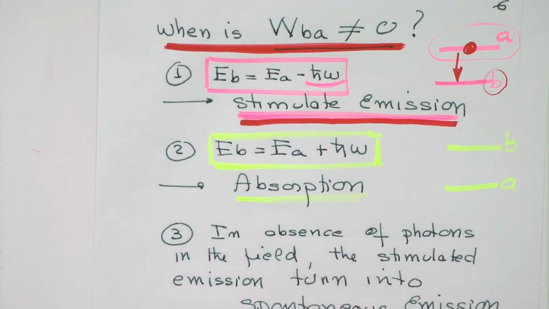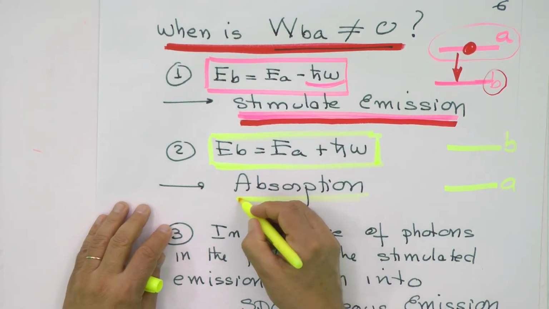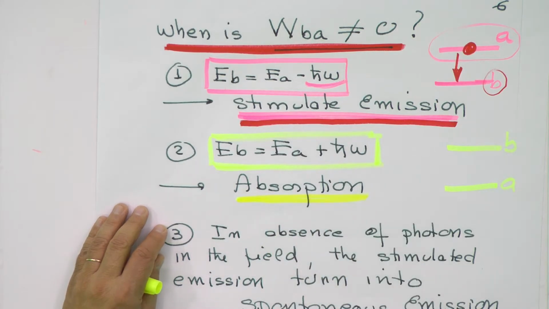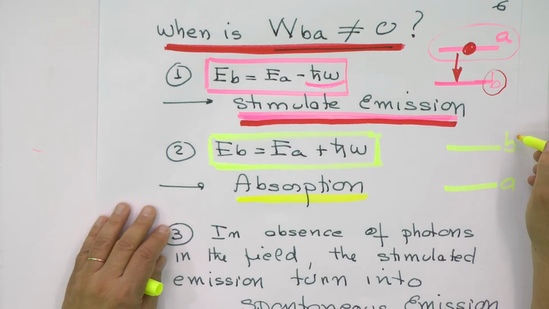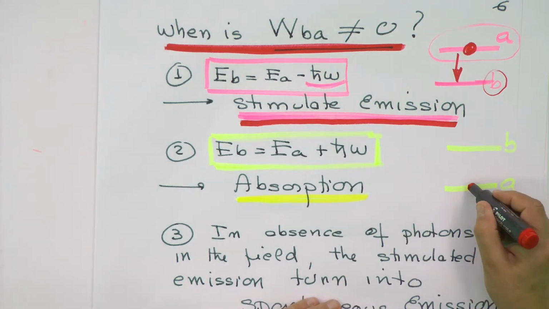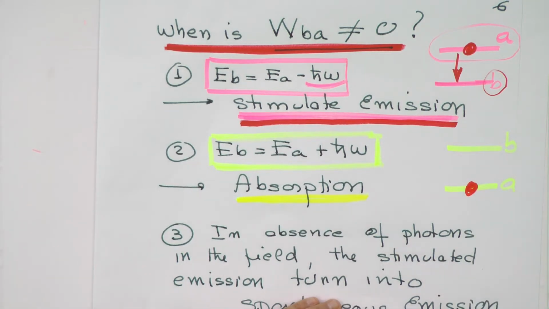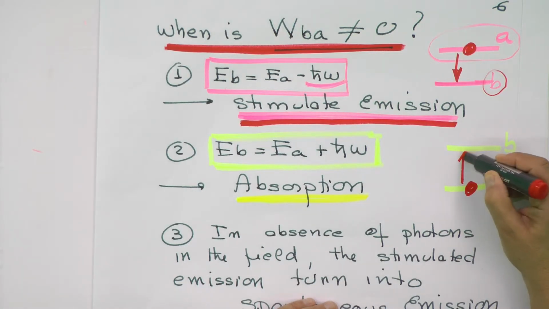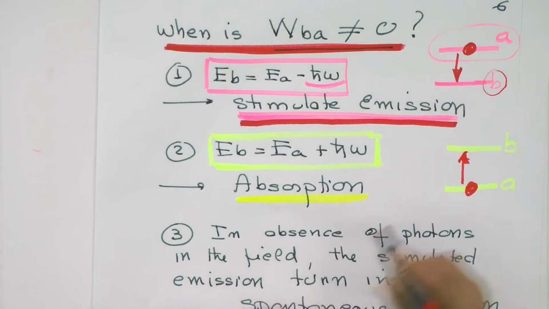So absorption of light is actually when the energy of the light gets smaller. So we come from a lower state and go to a higher excited state. In this situation, the system is here, and the electromagnetic field comes and takes the system from there and puts it up there.